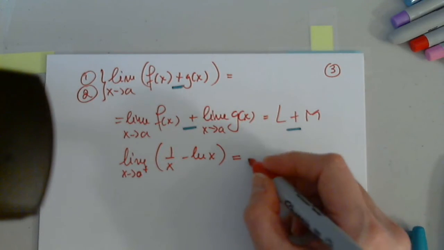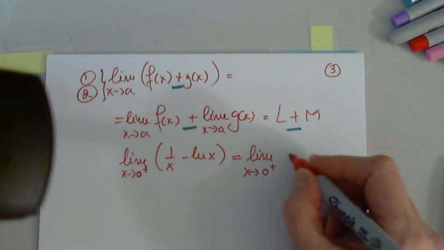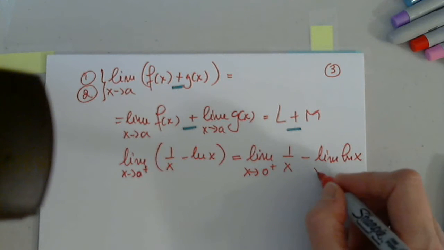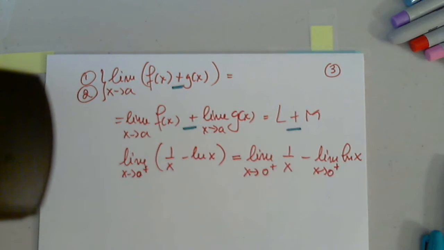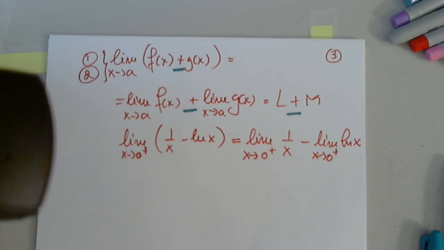And I'm asking you, can I write limit as x approaches 0 from the right of 1 over x minus limit of natural log x as x approaches 0 from the right? Gia? Yes. Derek?